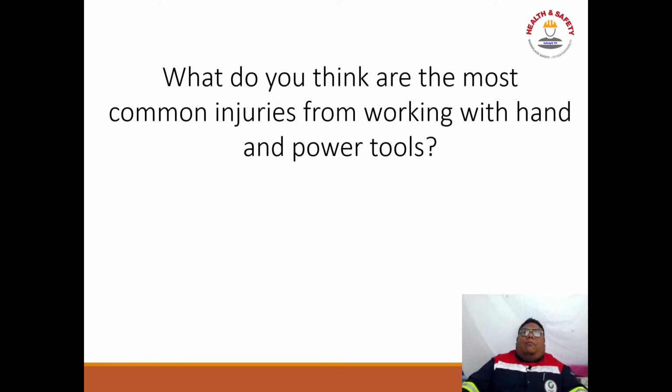we have what we call a checklist ensuring that all the hand and power tools from the warehouse are checked by a certified electrician or technician, to ensure that the power tools they withdraw are in good condition.